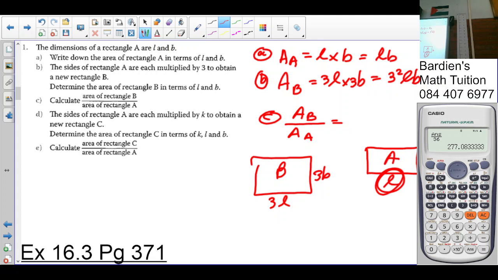Alright, so what does this give us? 3 squared LB over LB, which is 3 squared.